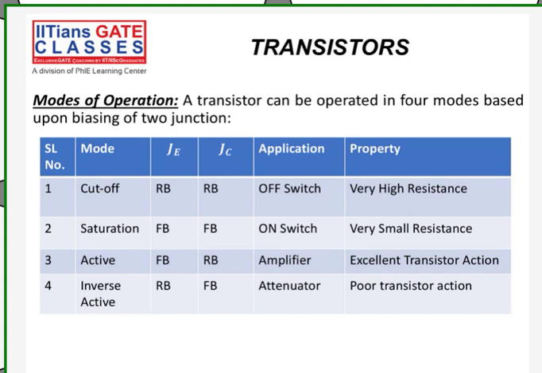One was cutoff mode, second is saturation, third is active, and fourth is inverse active. These modes are totally dependent on junction biasing, emitter junction biasing and collector junction biasing. Based on those biasings, we decided that these are the modes in a transistor. All these I discussed in the previous class.